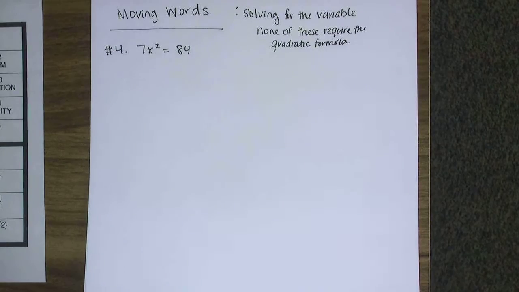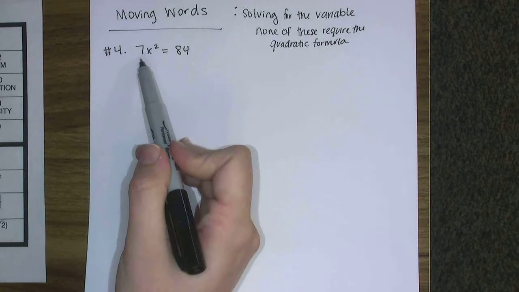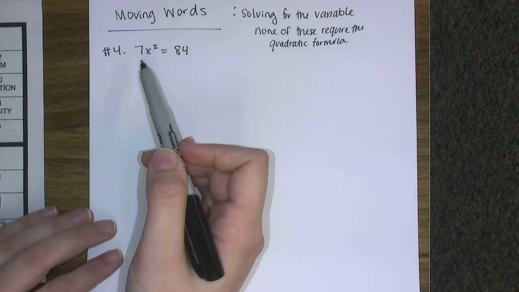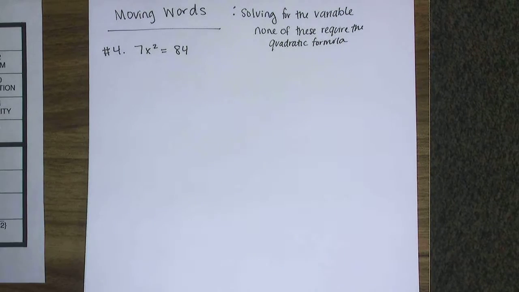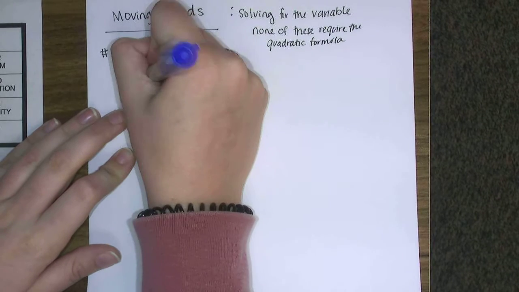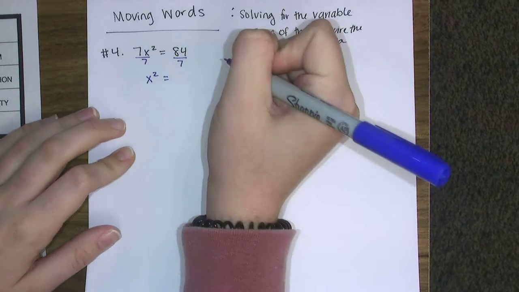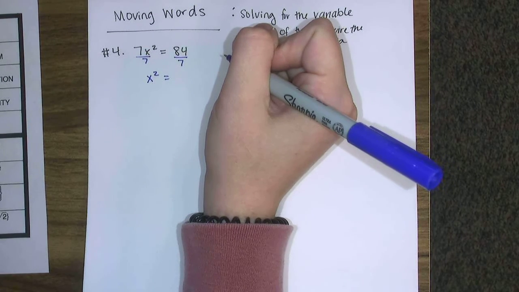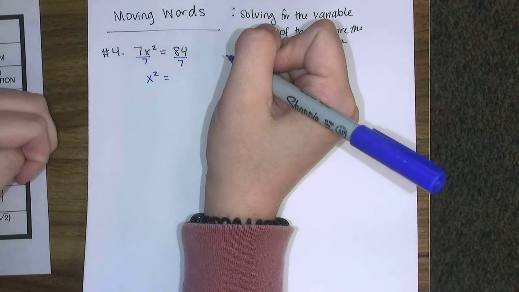Alright, so to get x by itself, I got to get rid of this 7. Since 7 is being multiplied by x squared, I need to divide by 7. So, divide by 7, x squared is equal to 84 divided by 7 is 12.